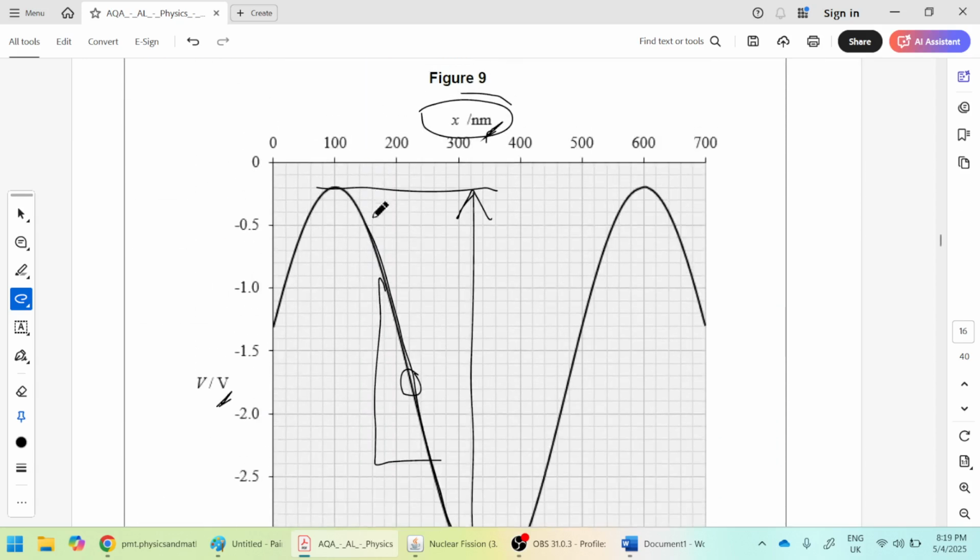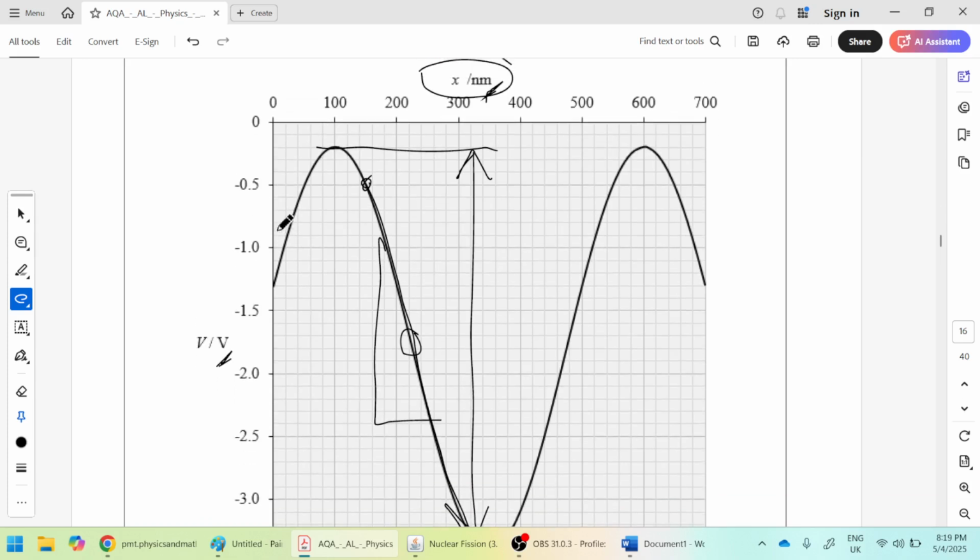The fact that it's negative, whatever 0.5, but the fact that it's negative tells me that we are dealing with a positive charge in the middle here. Sorry, what I meant is we are dealing with the field of a positive.